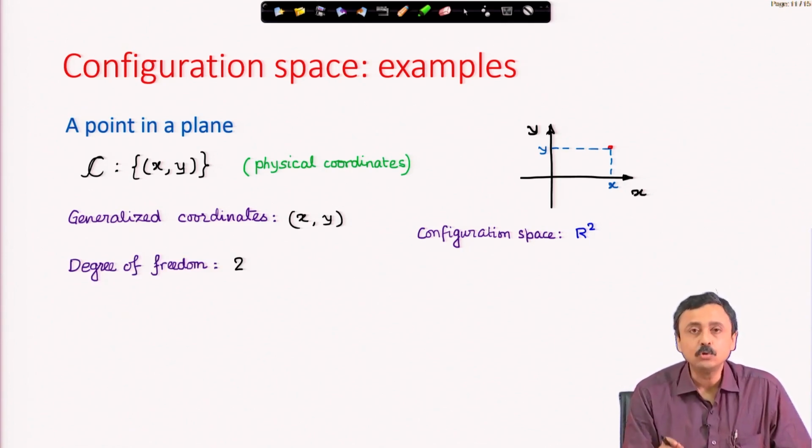We can choose 2 things to completely fix a point in a plane. The number of generalized coordinates gives us the number of degrees of freedom of the system. We can choose this x and y independently of one another. Therefore, we have 2 choices, and that will completely fix the point in the xy plane.